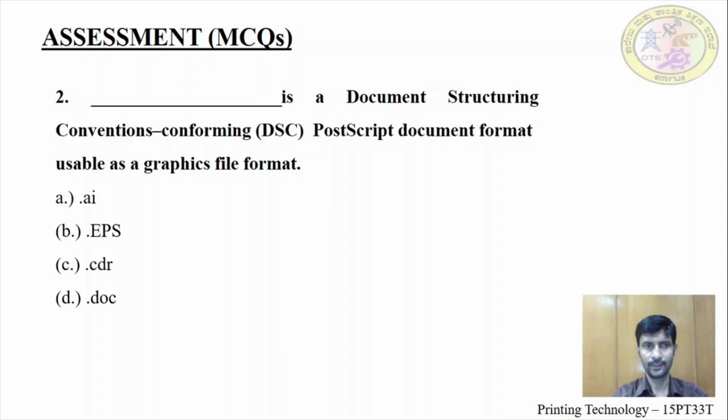The .eps is the universal file format for printing applications of vector-based graphics. .cdr is a CorelDRAW file format, and .doc is a Word file format. So normally the printing applications, prepress, require PostScript and it should be universal. This is the clue to answer this question.